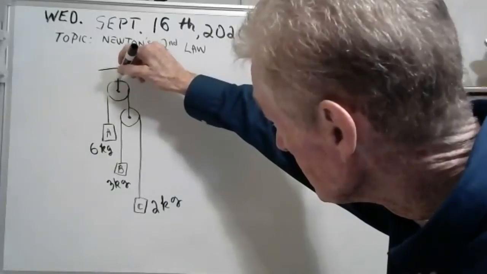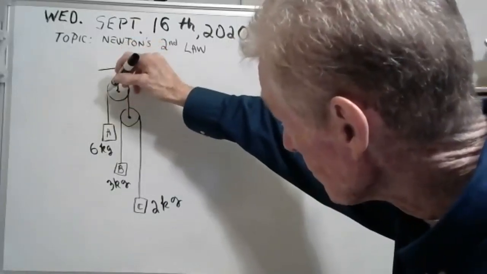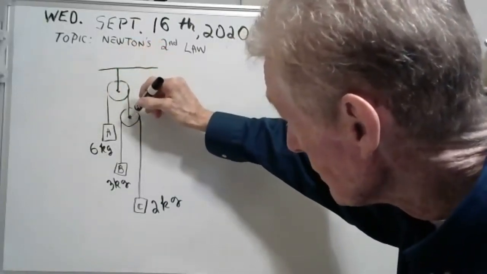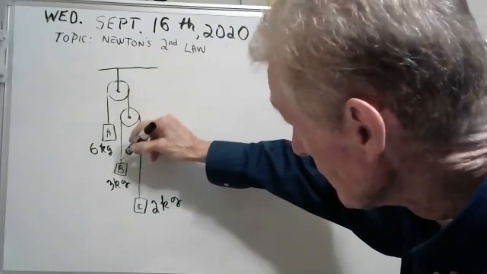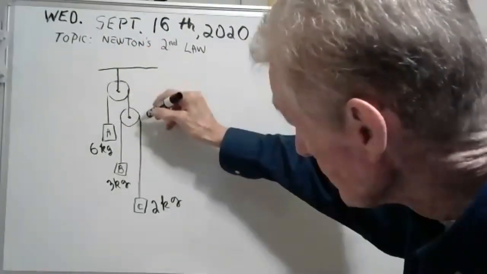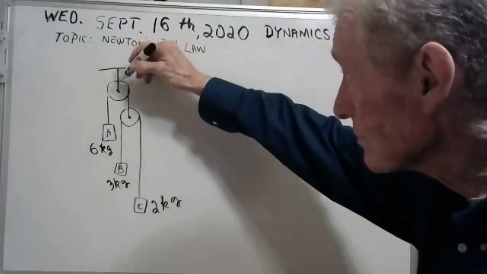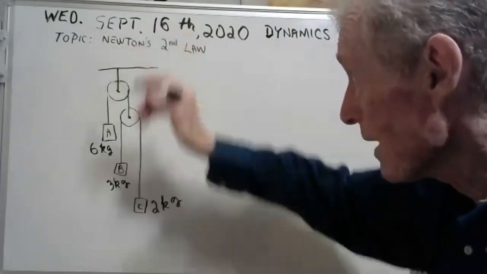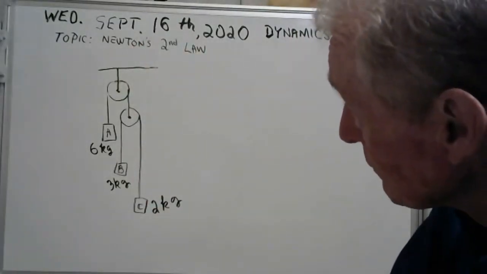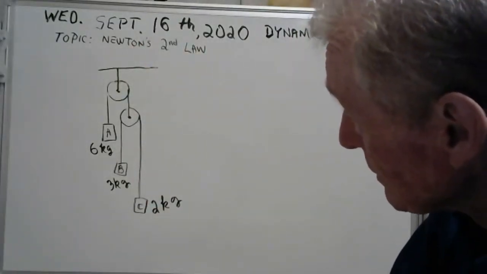There's a rope here or a cable or a cord. We want to find the tension in it. And there's a different cord here, see it? We want to find the tension in that. And this here, this could be a rope or it could be a strap or a piece of metal. We want to find the tension in it.